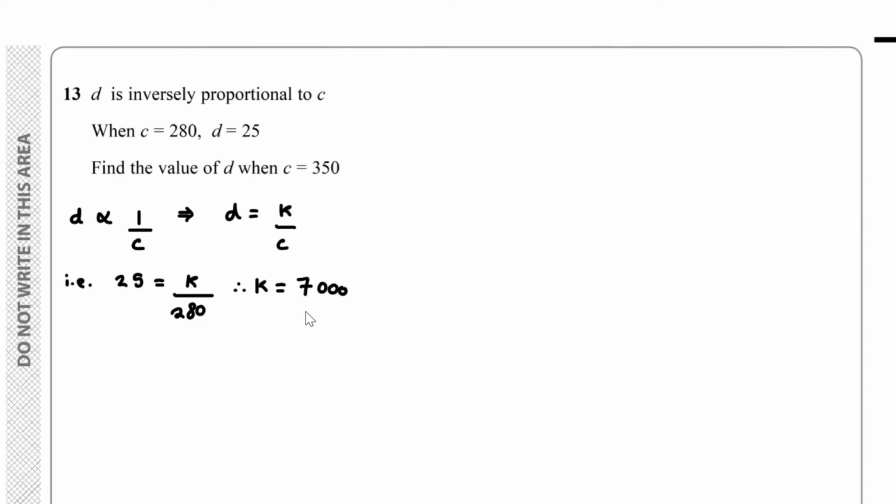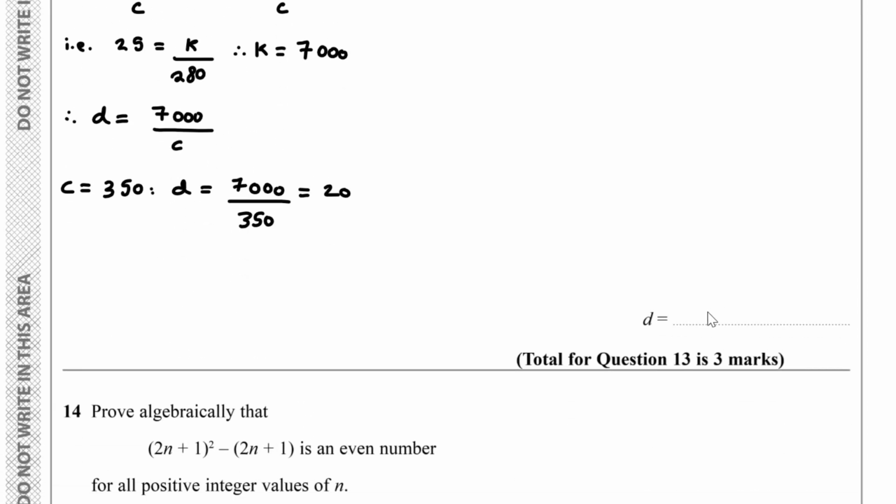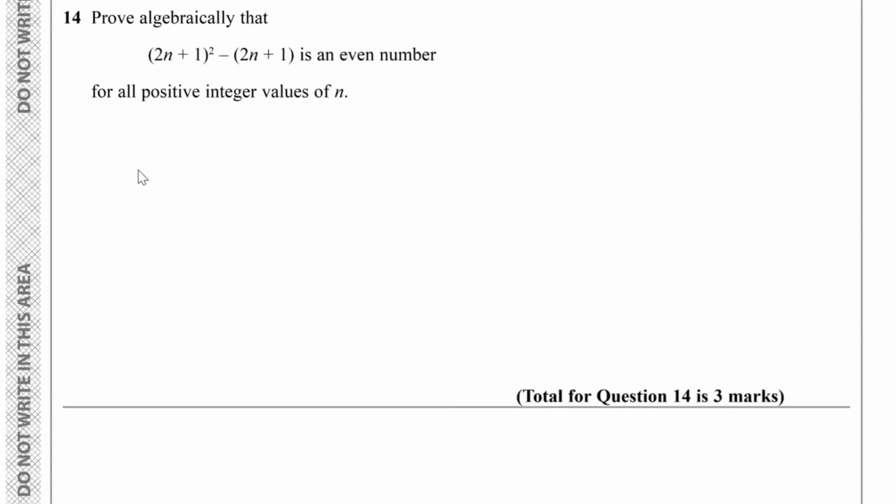And knowing that k is 7,000, we can conclude d is equal to 7,000 over c. Now we need to find out the value of d when c is 350. So when c is equal to 350, d is equal to 7,000 over 350, which is 20. So the value of d when c is 350 is 20.